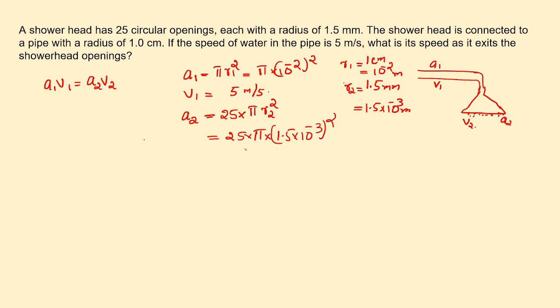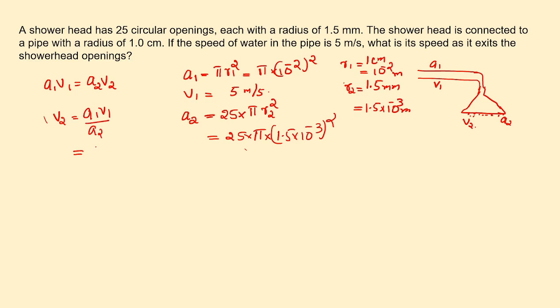ഓക്കെ, അപ്പം നമുക്ക് സബ്സ്റ്റിറ്റ്യൂട്ട് ചെയ്താലോ. So A1 V1 is equal to A2 V2. Therefore, നമുക്ക് കാണേണ്ടത് V2 അല്ലെ. So V2 is equal to A1 V1 divided by A2. നമുക്ക് സബ്സ്റ്റിറ്റ്യൂട്ട് ചെയ്യാം. What is A1?